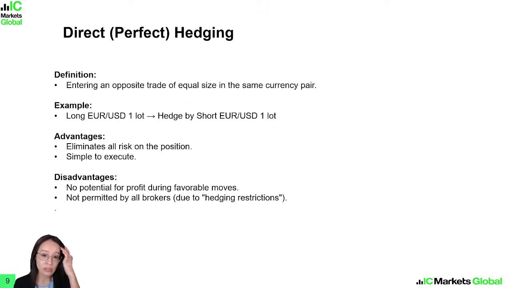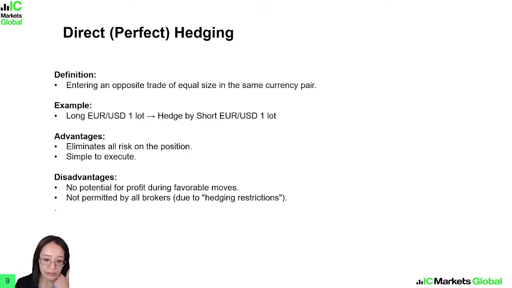Okay, now this is an example for direct perfect hedging. The definition: entering a position and a trade of equal size in the same currency pair. For example, if you go long USD one lot, you hedge by going short USD one lot.